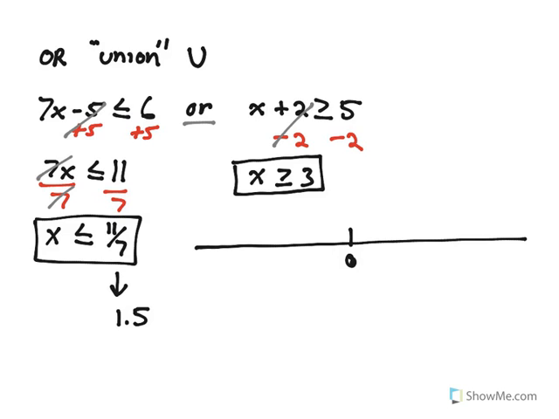So if I use 0 as a reference point, 3 is going to be over here, and 1.5, or 11 over 7, is going to be before that. When you do the graph, just write the original fraction. And we know 1.5 is less than 3. So when we do less than or equal to 11 over 7, less than or equal to correlates to a bracket, and it goes in this direction, okay?